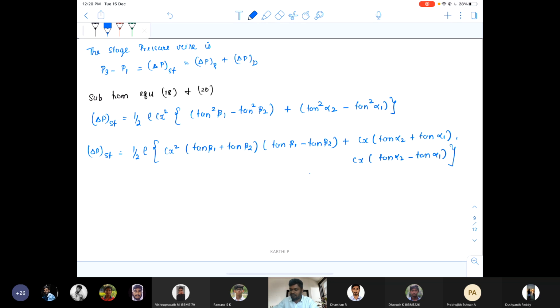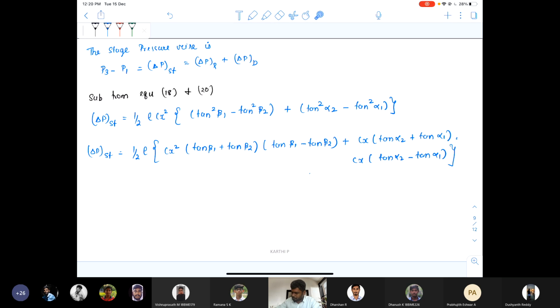We will be writing this equation in this form. That is, we have taken Cx into tan alpha 2 plus tan alpha 1 and Cx into tan alpha 2 minus tan alpha 1. For mathematical convenience, we have written in this form.